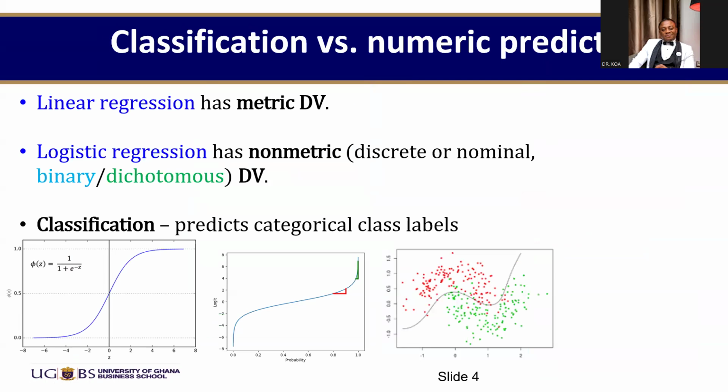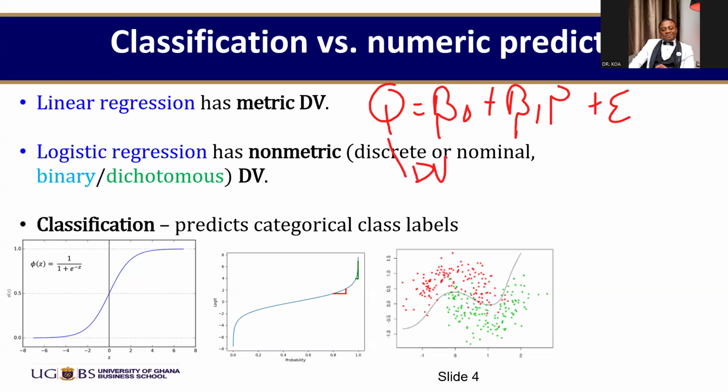In a linear regression that we've looked at all this while, we know that the dependent variable is metric. What does that mean? It means the dependent variable is a number, a numeric number, a continuous variable. So you can look at the quantity demanded as a function of price, beta 1, and then you will have an error term usually. And the quantity demanded is a dependent variable, and this quantity demanded is a number.